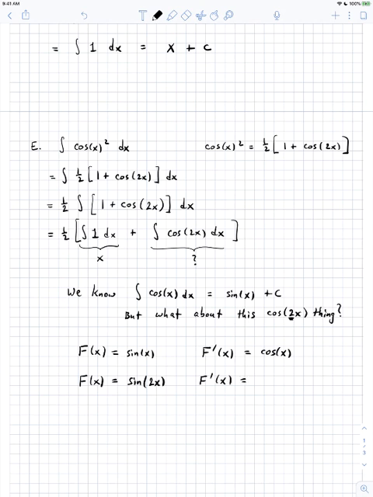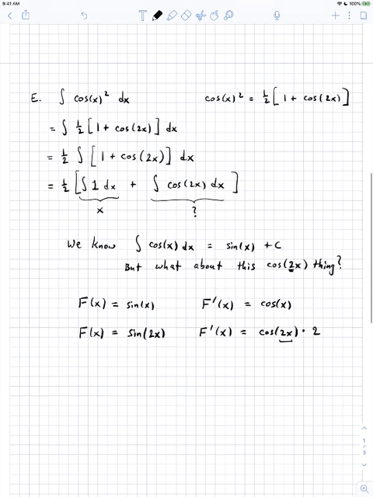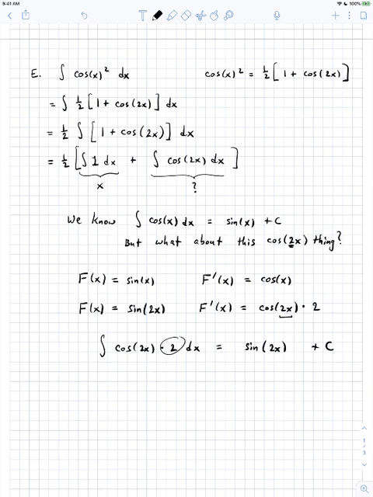I have to use the chain rule. So it's going to be the derivative of sine, which is cosine of 2x, but then I have to multiply by the derivative of what's inside there, which gives me an extra 2. So what that tells me is that the antiderivative of cosine of 2x times 2 dx is sine of 2x, plus some constant.